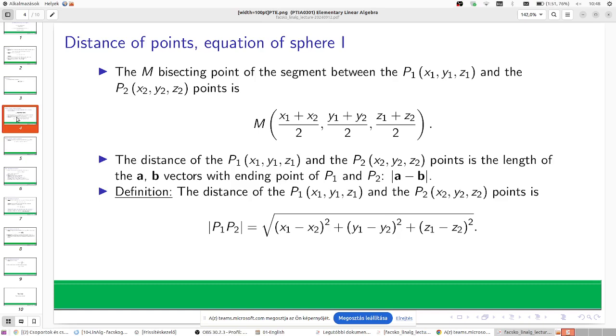Okay, so I wrote in larger. What I had done here, I have a vector, it has components. I calculated the length of the vector, that's the square root of the sum of the squares of the components.